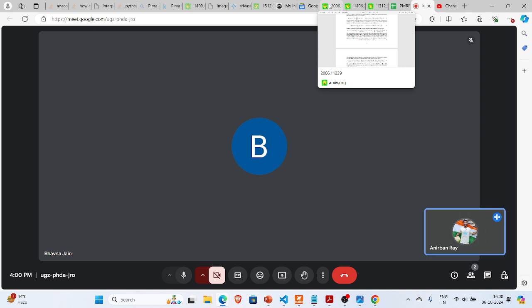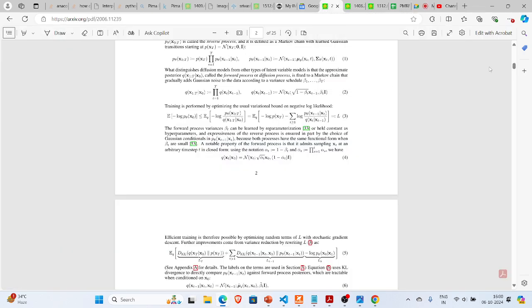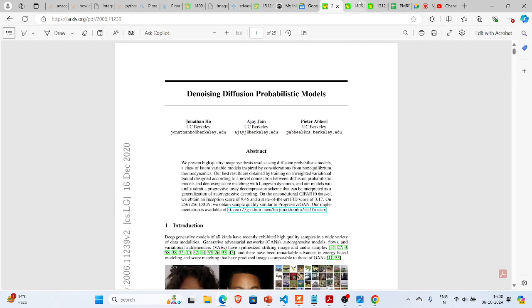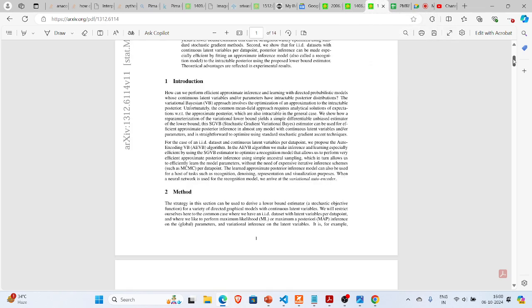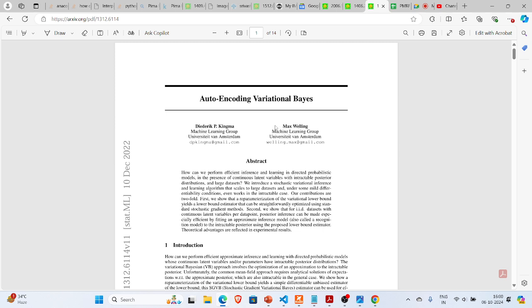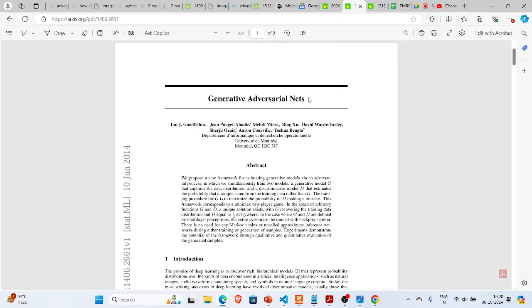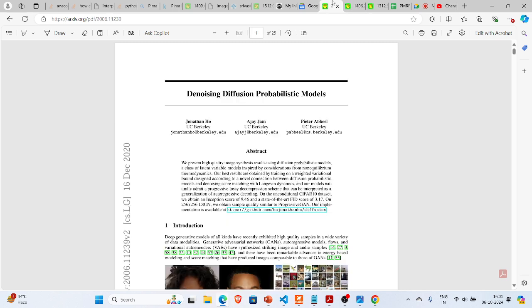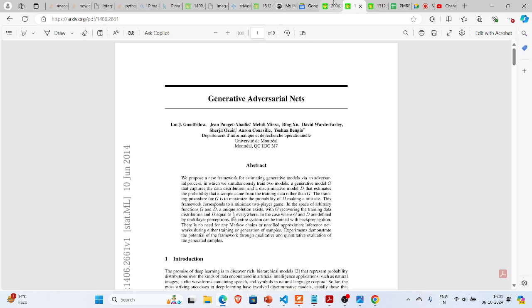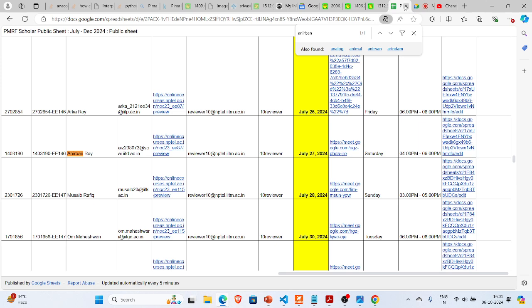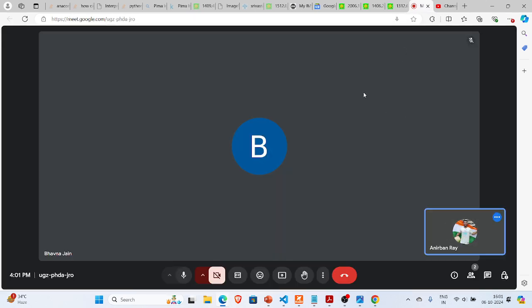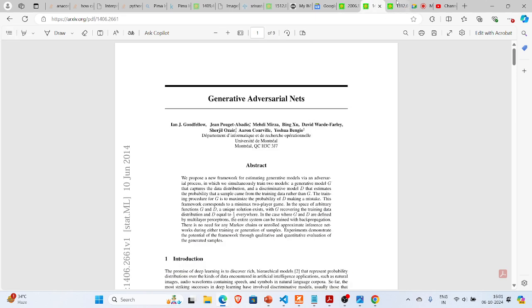There are three popular types, there are more actually, but three popular types: variational autoencoders, generative adversarial networks or GAN, and the third type is diffusion models. These are three fundamental papers, and we are going to learn the theory and techniques behind these models.